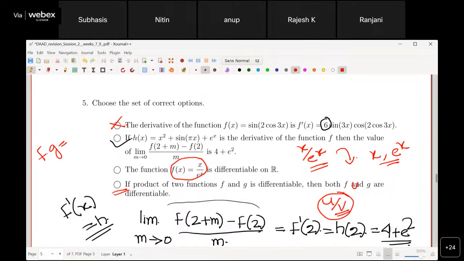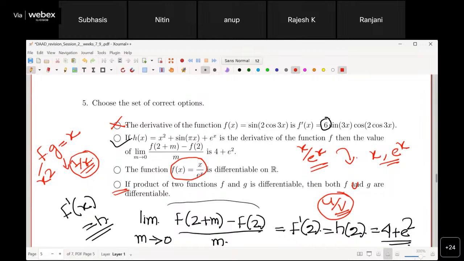The combination is differentiable. But individually, f is x square and g is 1 by x. So where is g not differentiable? The reason is that when it tends to 0, 0 is an asymptote, so that results in a discontinuity at x equal to 0.